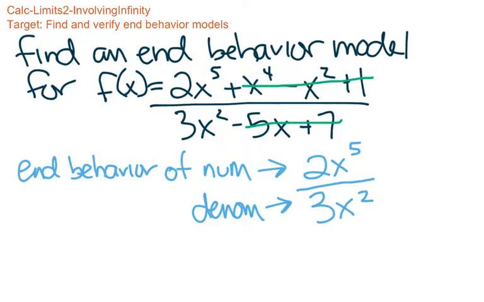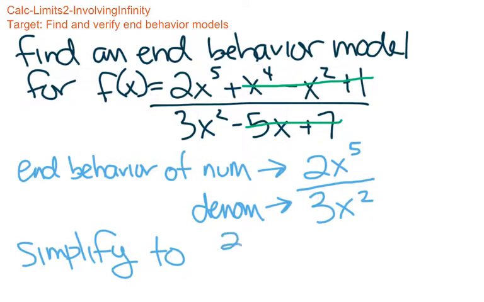That works. But we just take it one step further and we simplify. And we get 2/3 x to the 3rd. And this is the answer.